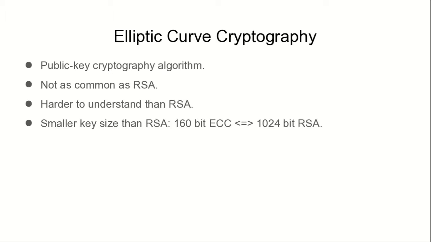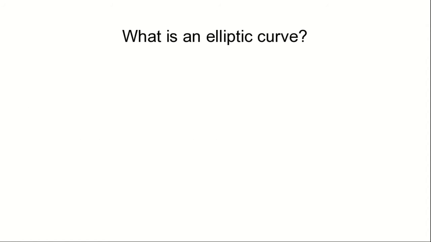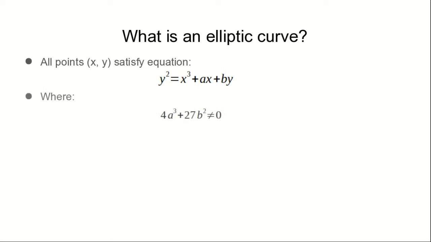So what is an elliptic curve? The mathematical definition of an elliptic curve is y squared equals x cubed plus a times x plus b, where 4 times a cubed plus 27 times b squared is not equal to 0.